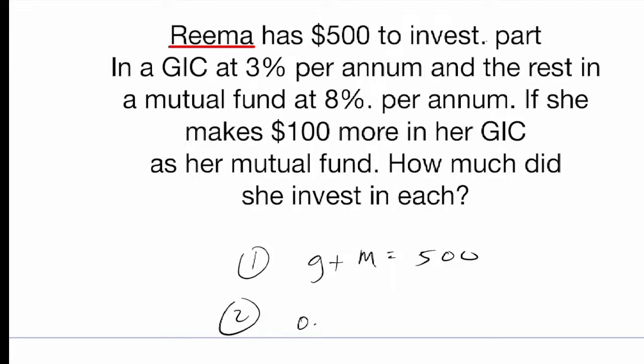The GIC is only 3%, but I know I made $100 more than what was made in the mutual fund. There we go. Is that all right?